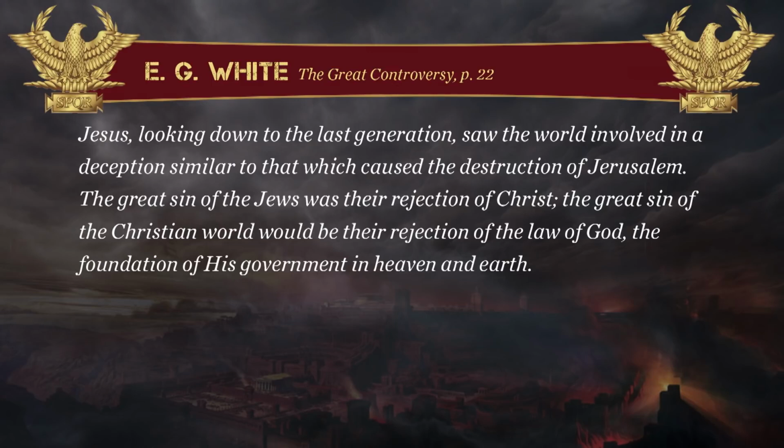In other words, the sin of the world at the end is similar to the sin that was committed by the Jewish nation. You say, what is the similarity? She continues, the great sin of the Jews was their rejection of Christ. The great sin of the Christian world would be their rejection of the law of God, the foundation of His government in heaven and earth.